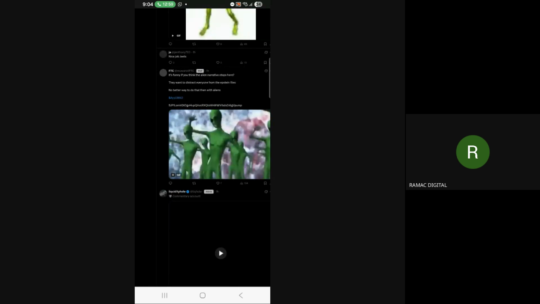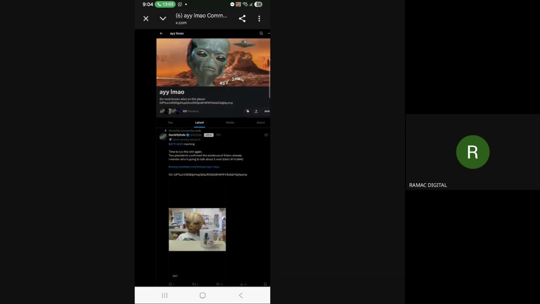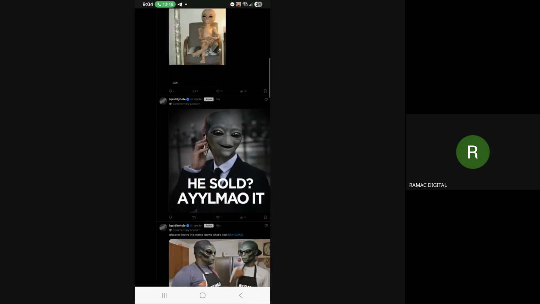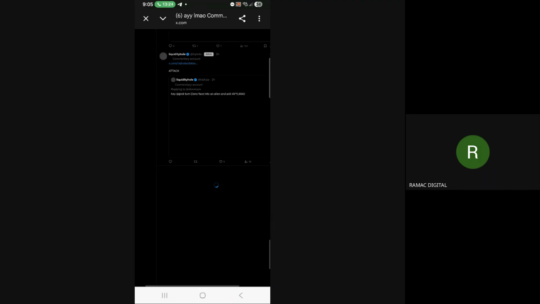But there's something I have discovered. This to me is not a community takeover project, and I'll explain why. This is not a CTO project because I don't see a place where they said the developer has dumped and then the community takes it over. It would have been announced. Let us go down and see if there's any place like that.